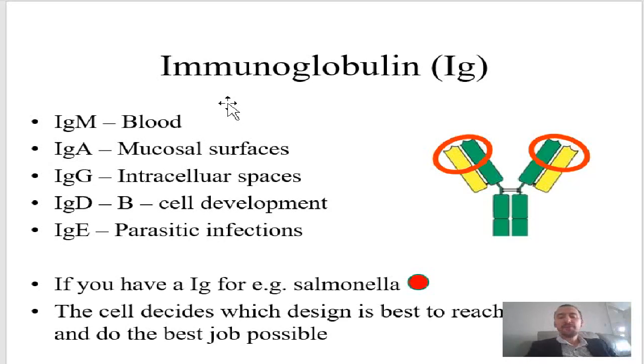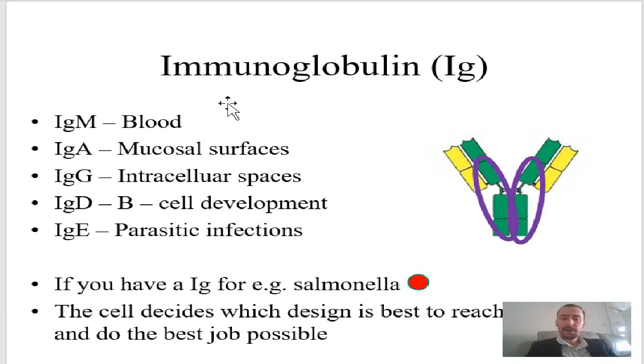In terms of why we need different immunoglobulin types, say, for instance, you need an immunoglobulin for Salmonella. The best structure of immunoglobulin against a Salmonella infection will be IgA, because the structure of IgA is best suited to deal with mucosal immunity.